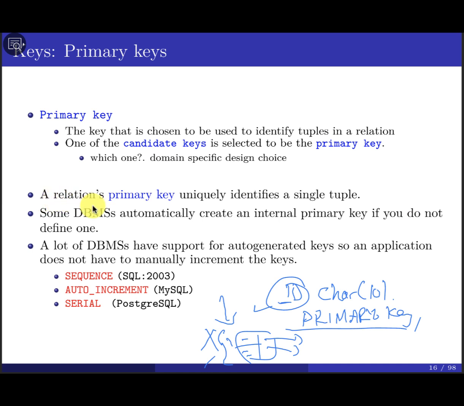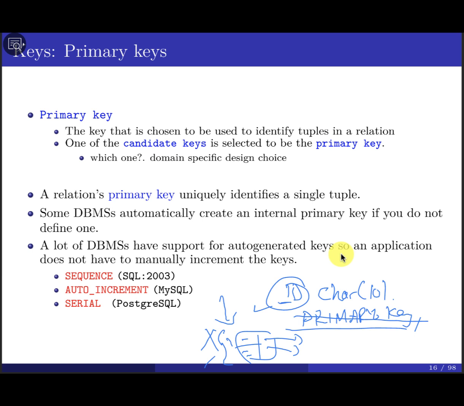So generally speaking, a relation's primary key uniquely identifies a single tuple. We agree with that. And sometimes some database systems do this automatically. If you didn't define a primary key in your data, they're gonna build one automatically. Later we're gonna see when you create tables in our database, we can specify which one is going to be the primary key, etc. If we don't specify this, the system is going to automatically build one, because we need a way to uniquely identify the tuple within the relation.